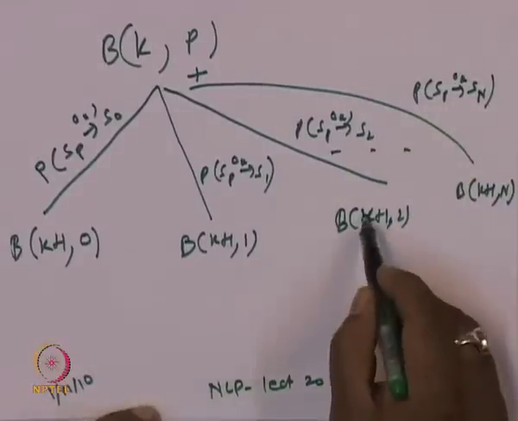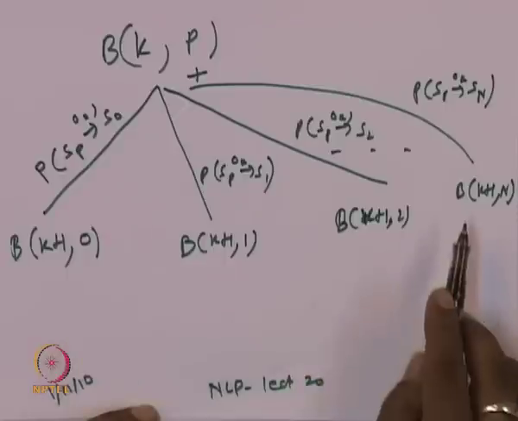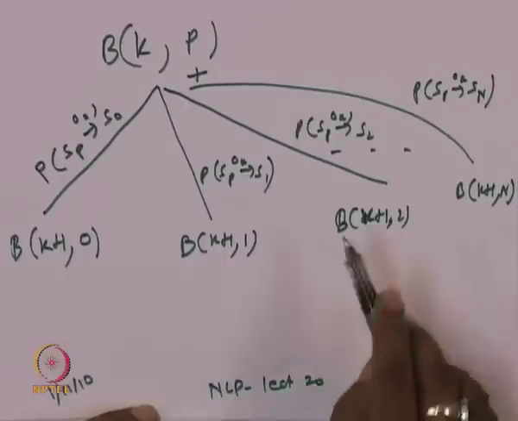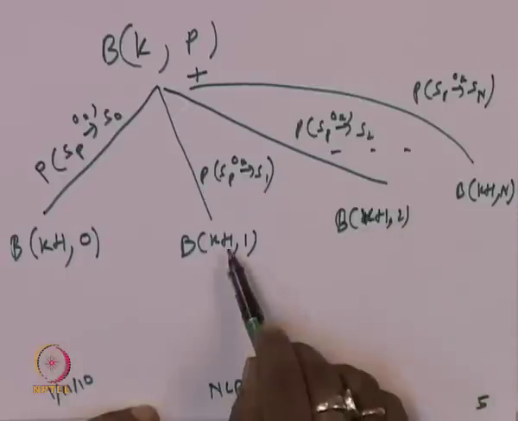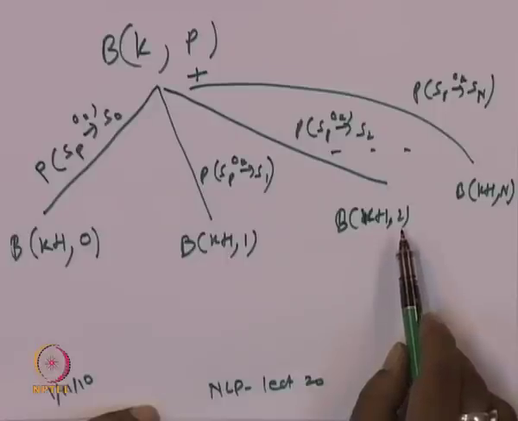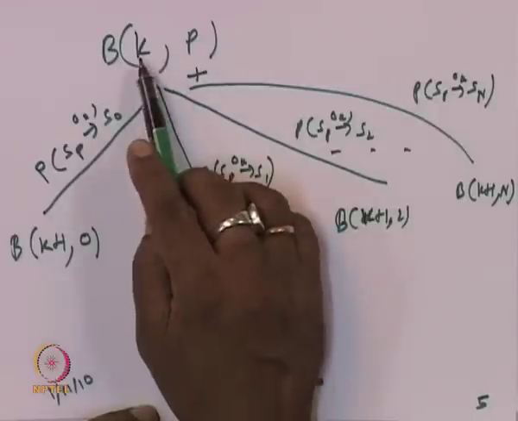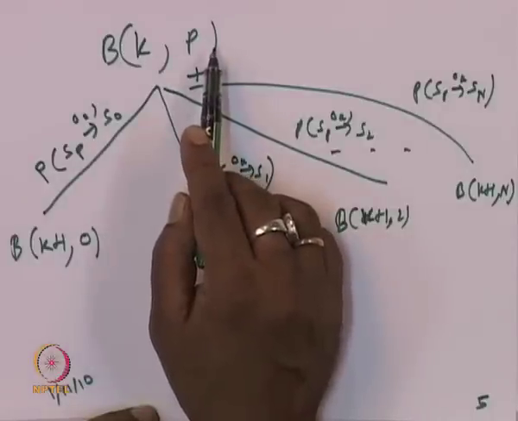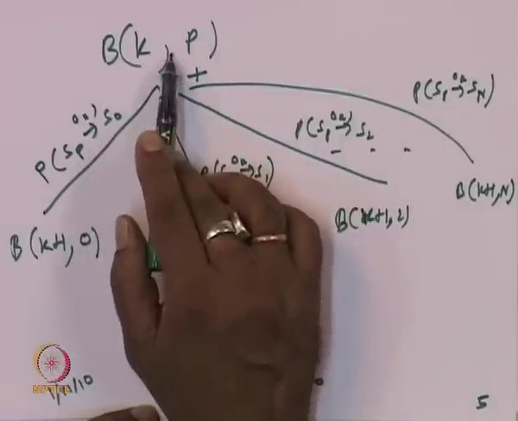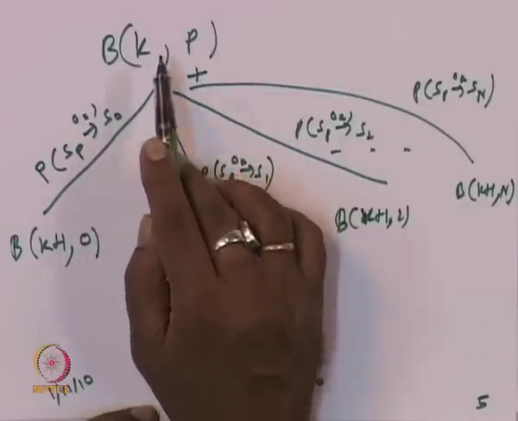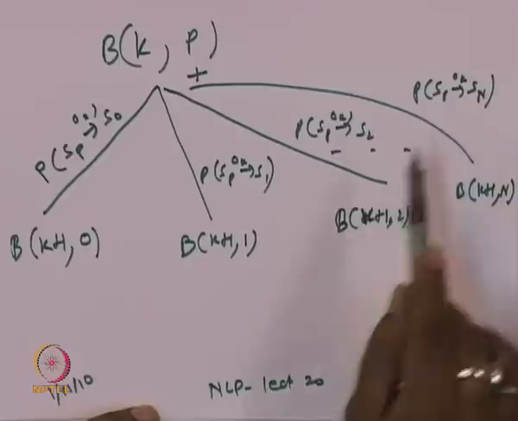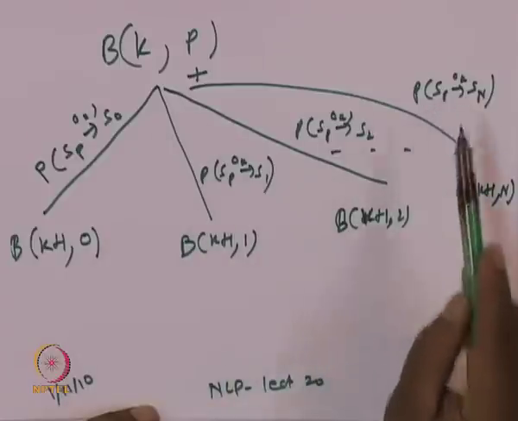So, we have these probability values which are computed from a shorter string, because k+1 to n is a shorter string compared to k to n, the total length of the string starting from k, and we multiply these by the probability values here.